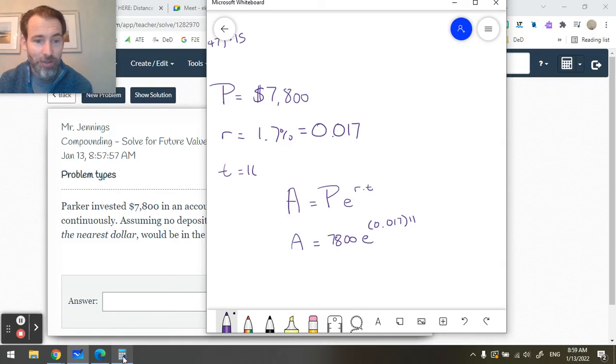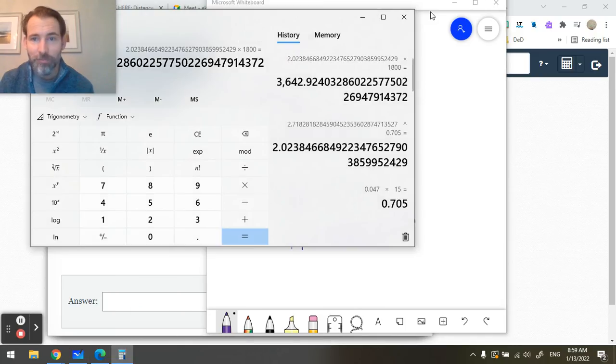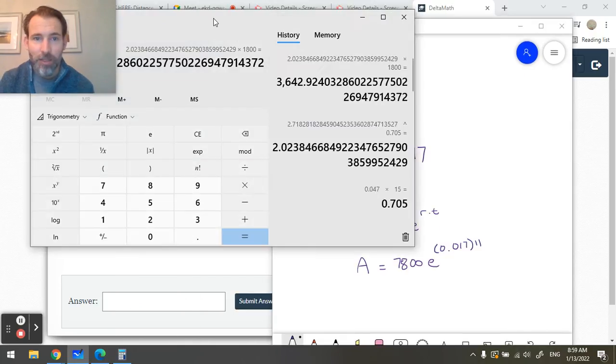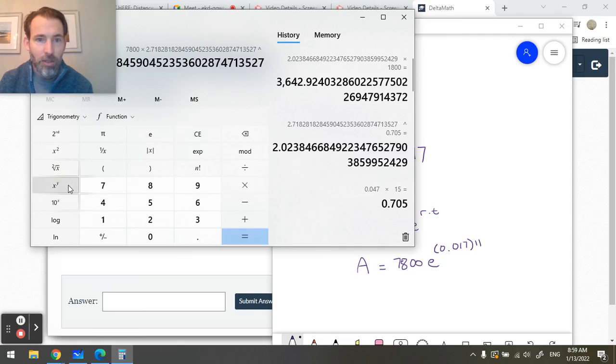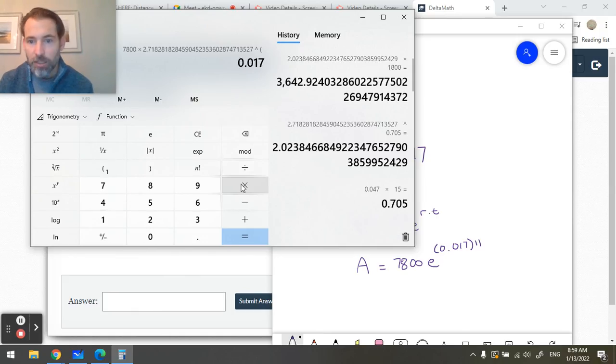All right, so now do that on a calculator. And if I want to do it all in one step, I would write it down from left to right, 7800 times e raised to the power. It's going to do the BEDMAS for me correctly here, I believe, if I put the power in brackets. 0.017 times 11, okay?